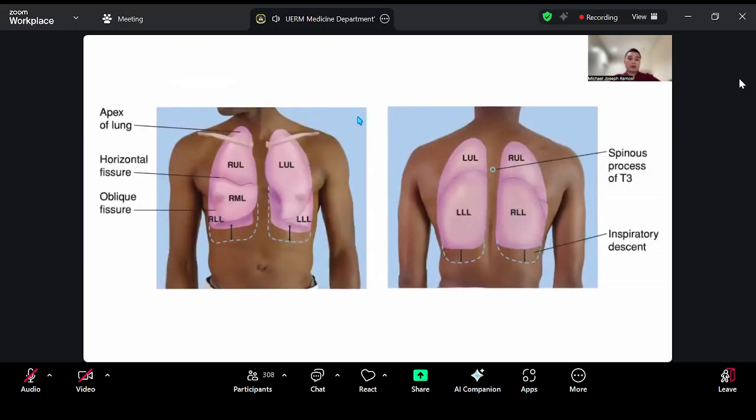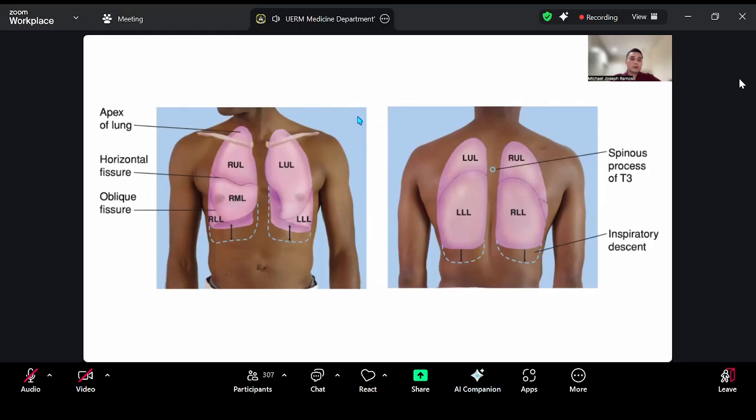You need to remember that your lungs are asymmetric, with the right lung having 3 lobes, while the left lung has 2 lobes. Both lungs, however, have the oblique fissure or your major fissure, which separates the lower lobes from the other lobes.